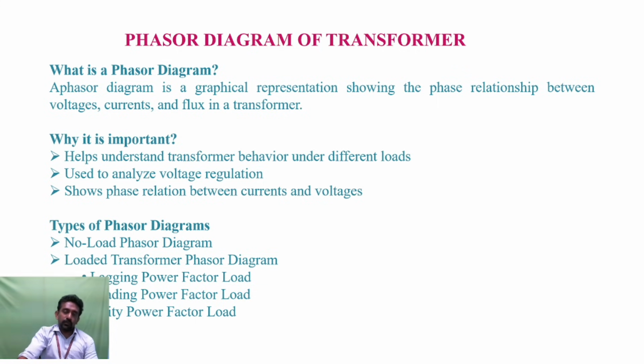The types of phasor diagrams are the no load phasor diagram and the loaded transformer phasor diagram. Under the loaded transformer phasor diagram, we have three cases: lagging power factor load in the case of inductive load, leading power factor load in the case of capacitive load, and unity power factor load in the case of resistive load.